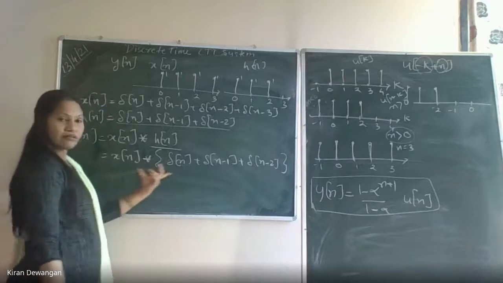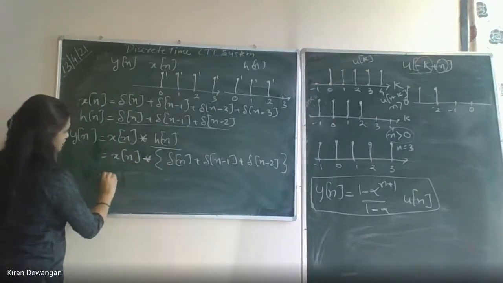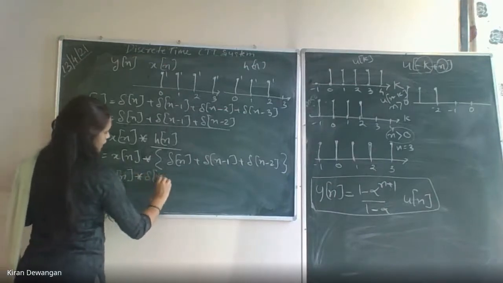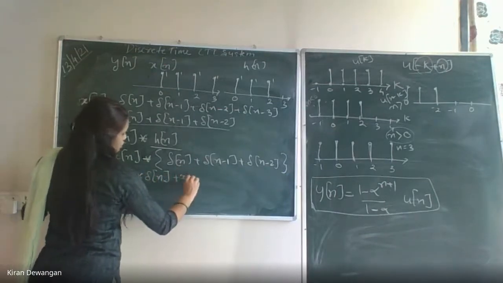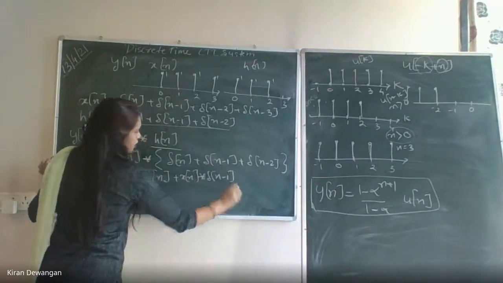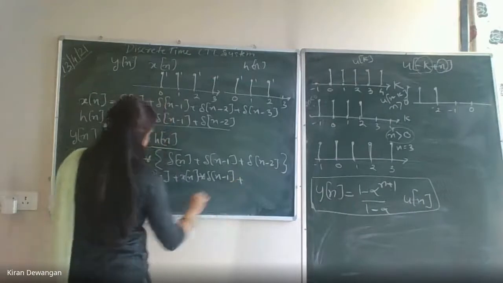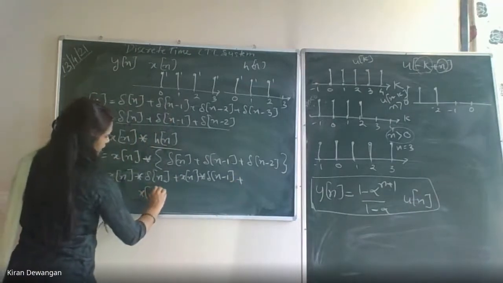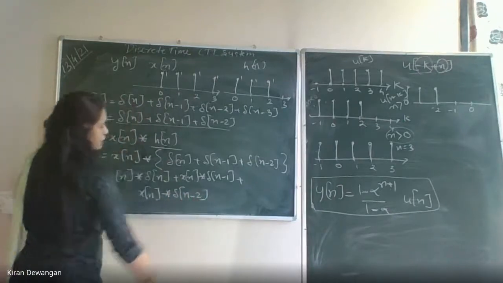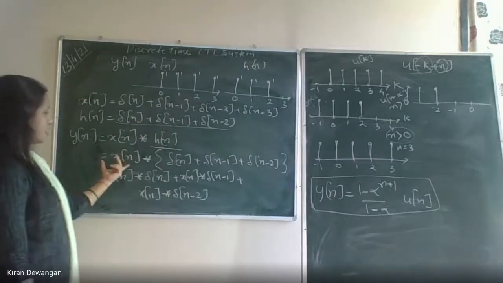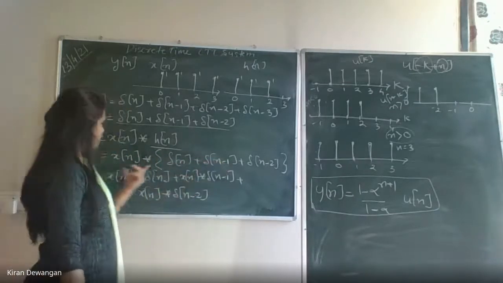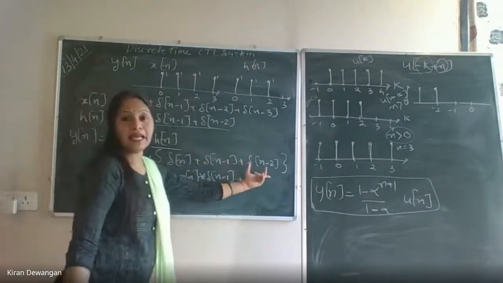Now we'll take the individual convolution here. This becomes x of n convolution del n plus x of n convolution del n minus 1 plus x of n convolution del n minus 2. ठीक है, so I've taken x of n convolution with this, x of n convolution with del n minus 1, x of n convolution with del n minus 2.